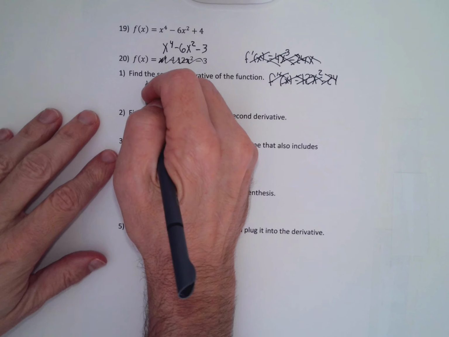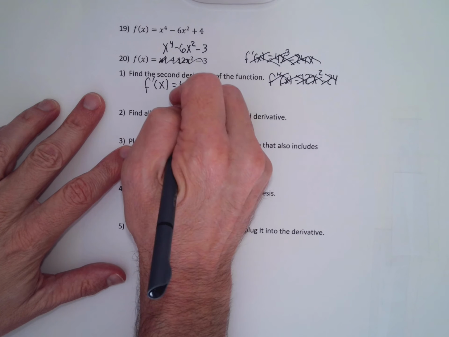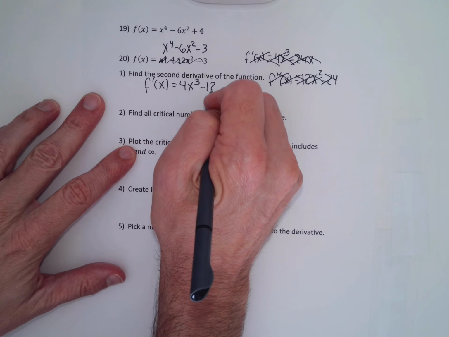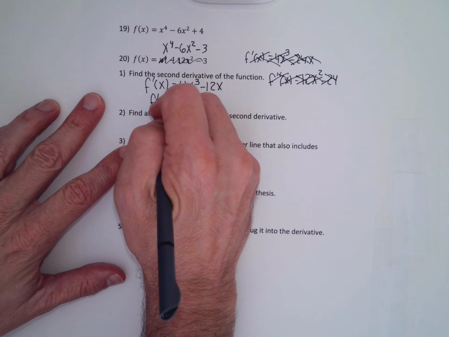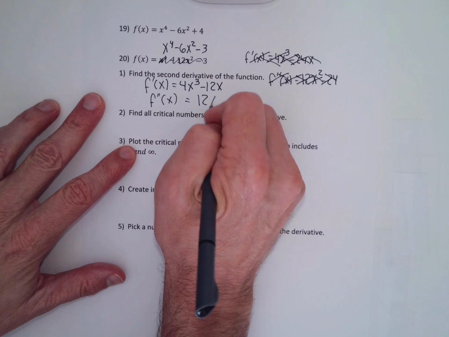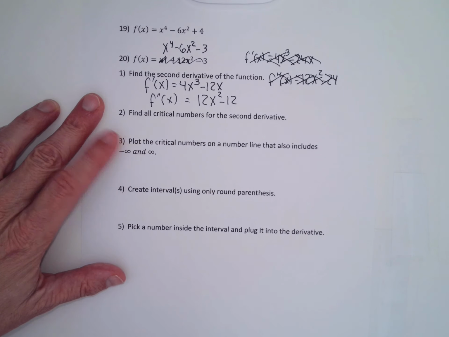I'm going to get the first derivative, which is 4x cubed minus 12x. Second derivative is 12x squared minus 12, much better.